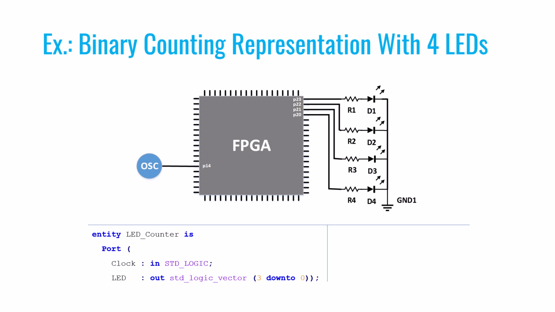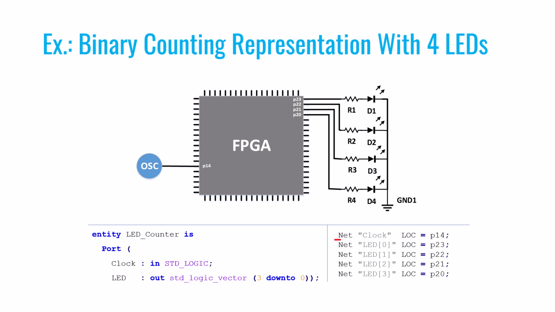The UCF file is a simple text file with a .ucf extension. After creating the file, you'd write something like this inside it. For example, to connect the clock port, which you defined in the entity, to pin number 14 of the FPGA, you'd write a line in the UCF file like this.